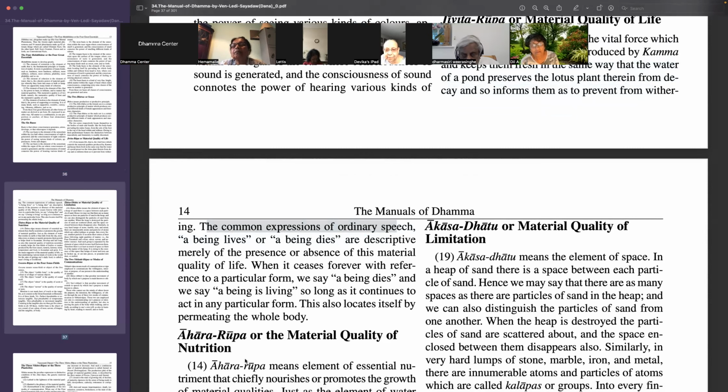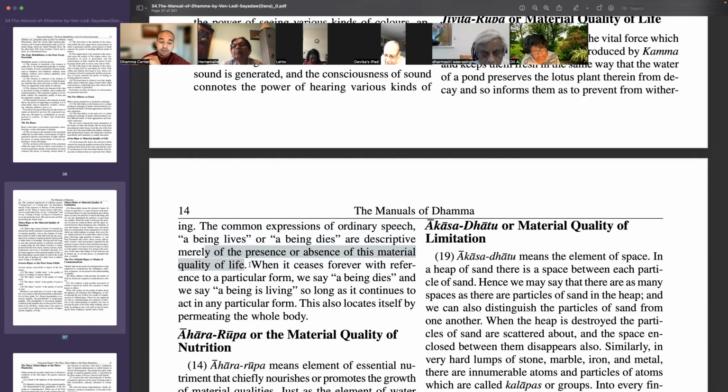The common expression of ordinary speech, a being lives or a being dies, is descriptive merely of the presence or absence of this material quality of life.